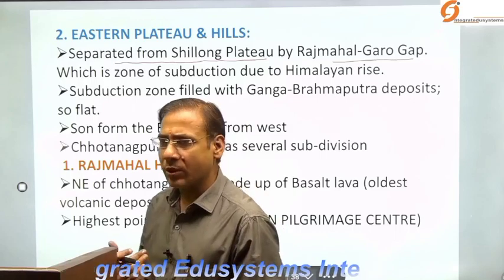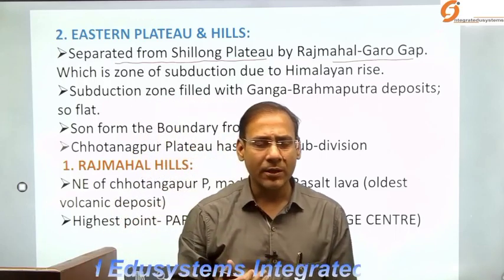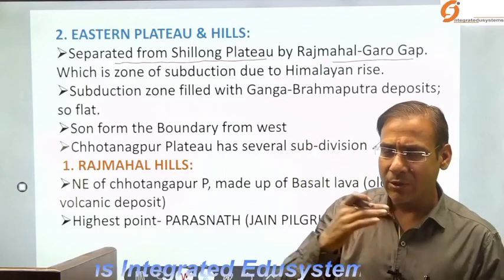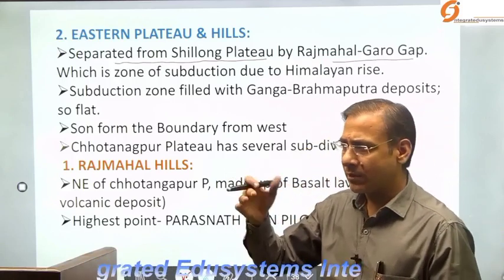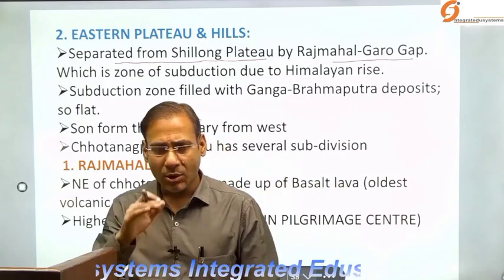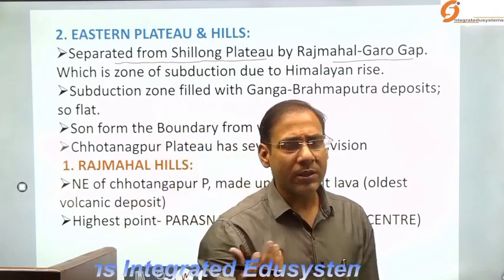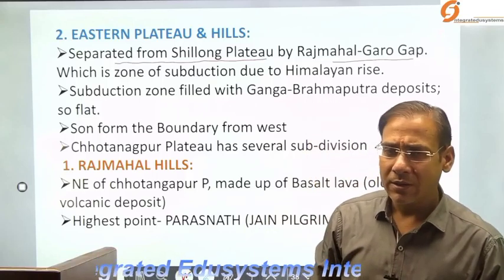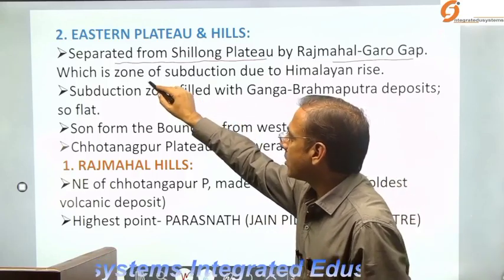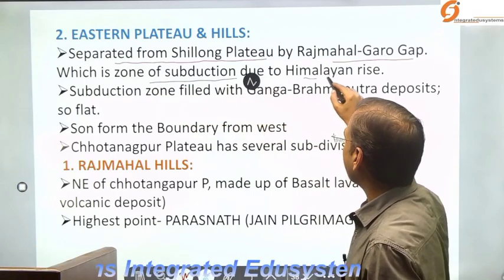Because of tectonic activity when Himalayan upheaval takes place, when the Himalayas' height is rising. Due to this, tectonic imbalances are created and the rock is subducted, so a fault is created, that is the Malda Garo Gap, which is a zone of subduction due to the Himalayan rise.